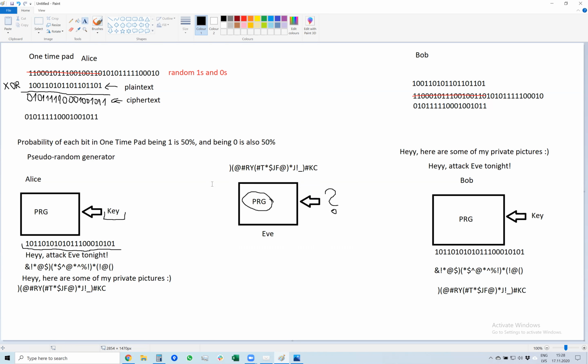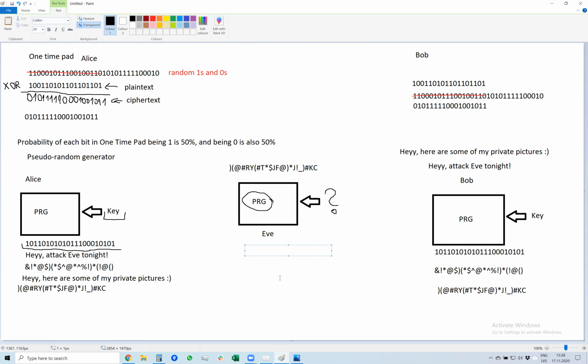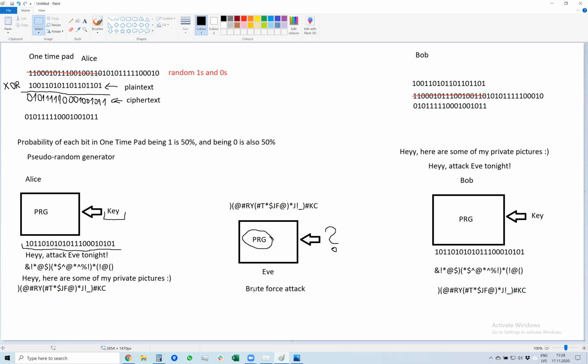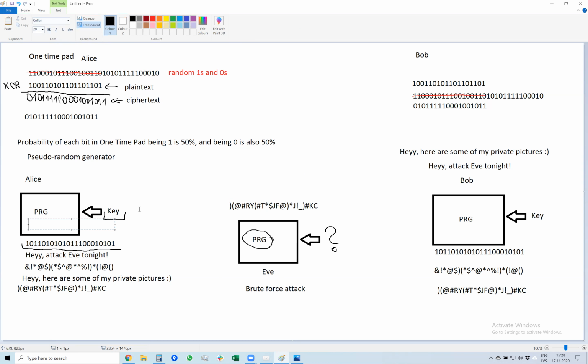So password guessing is called brute force attack. And all encryption algorithms can be broken using brute force attack because, you know, you can just cycle through all possible passwords. For example, a pseudo-random number generator has some maximum size of the password.